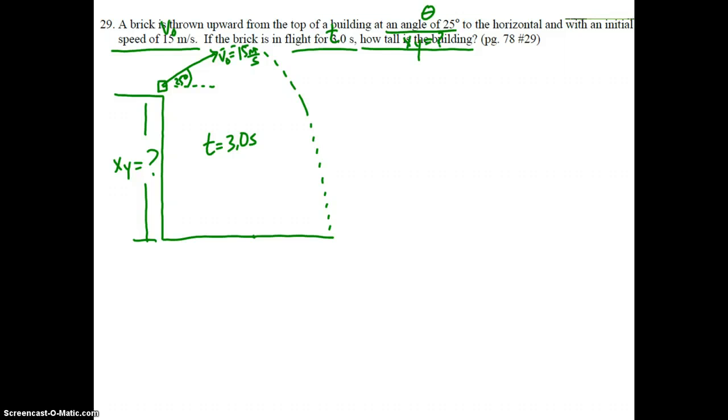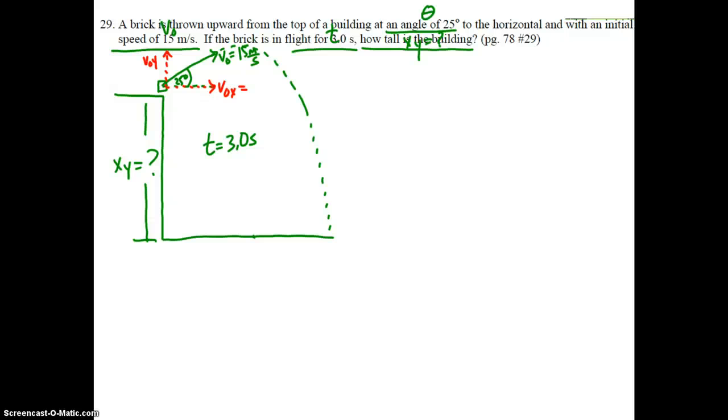What we should do before we continue this problem is take our initial velocity and break it into its 2 components to make it easier to continue with the problem. So we want the Vox component and we want the Voy component here. Well, the Vox component, how do we calculate that?